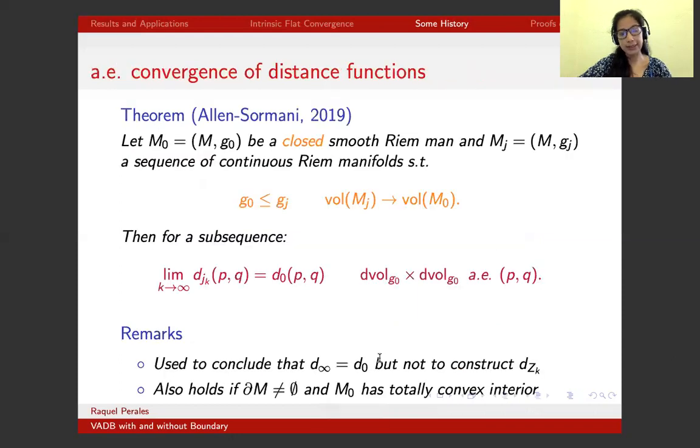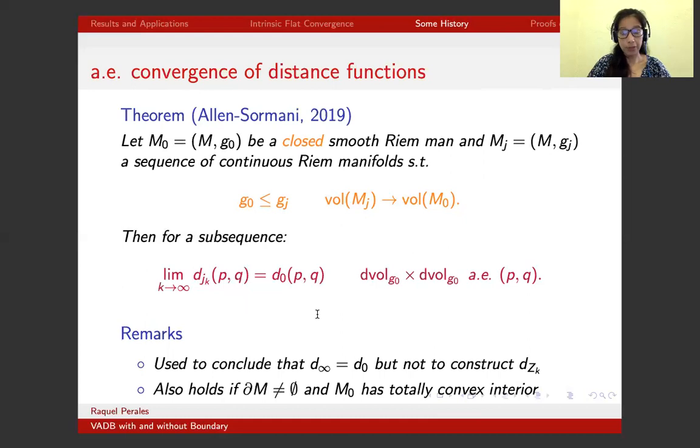In this next slide, again, we have a closed Riemannian manifold M, and we have this inequality at the level of the Riemannian tensors, and we have the volume convergence. Under these conditions, Sormani and Allen are able to prove that, up to a subsequence, the djk converge to d0 pointwise almost everywhere.